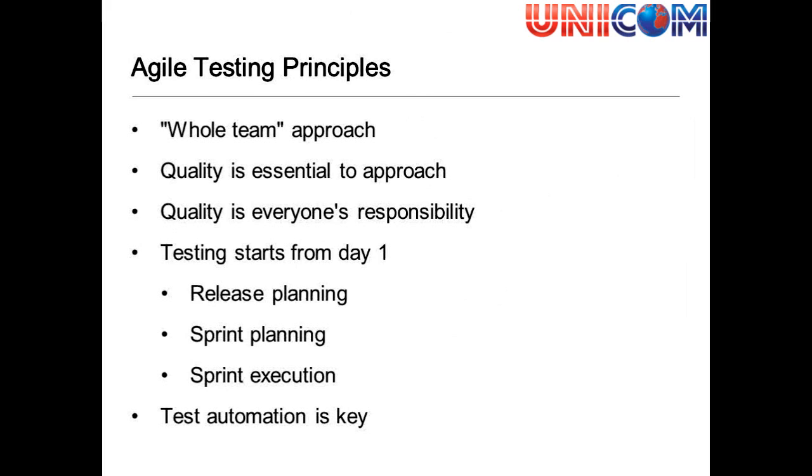We fix quality, we fix the time, we'll vary the scope if necessary. It's everybody's responsibility, and it starts from day one. So it starts from release planning and the sprint planning and sprint execution. We're no longer waiting for a milestone that says development has completed and therefore we can start our testing. In an Agile project, that does not happen anymore.